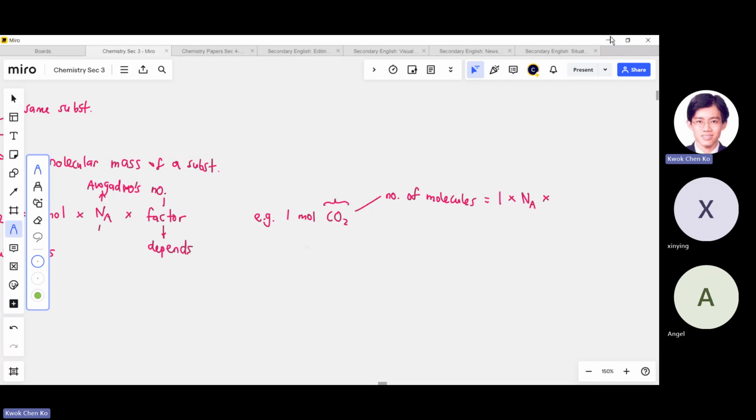What's the structure for CO2? Remember the structures: giant ionic, giant covalent, simple covalent. So this exists as simple molecules, and they are asking you for molecules, so therefore my factor is 1.